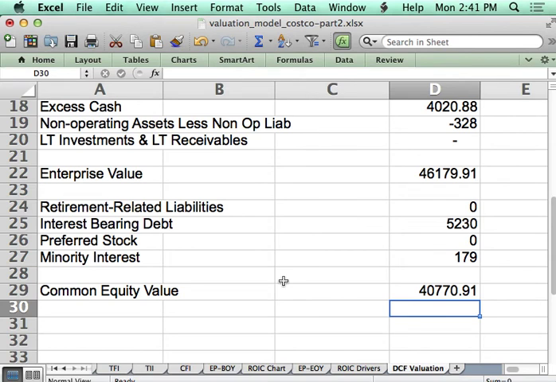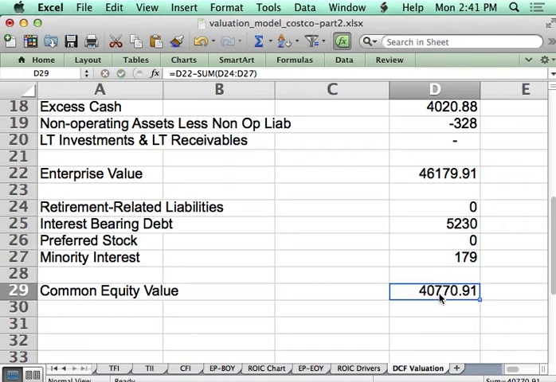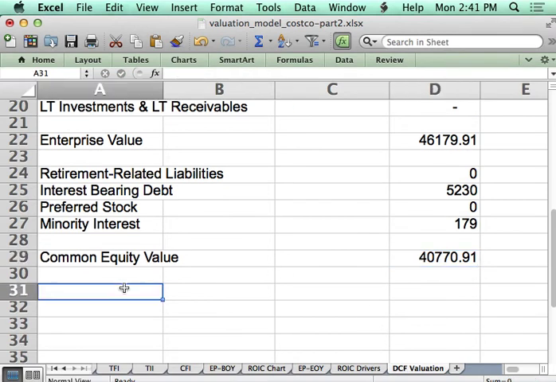Sorry, was there a question? So I just took this minus these 4 things. So D22 minus the sum of D24 to D27. You could also just individually subtract them, if that's easier to do. But that's what we're saying. We're saying Costco's worth about $40.7 billion. Finally, I need to get a share price. So I need to know what are the shares outstanding.